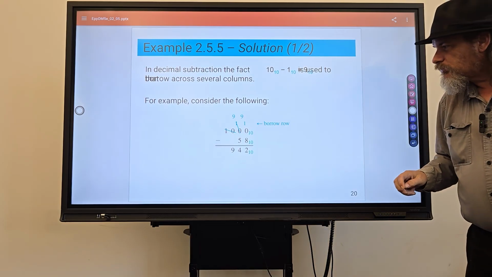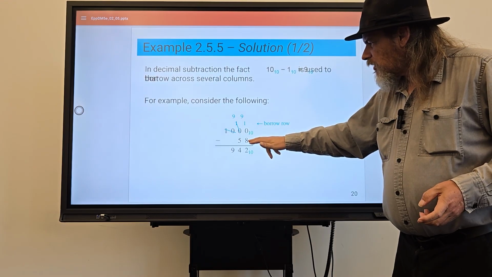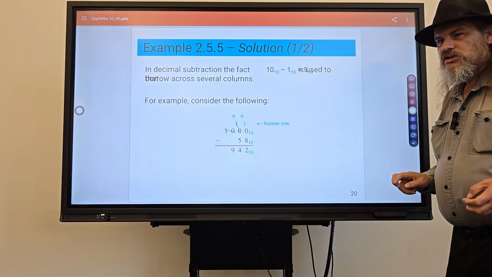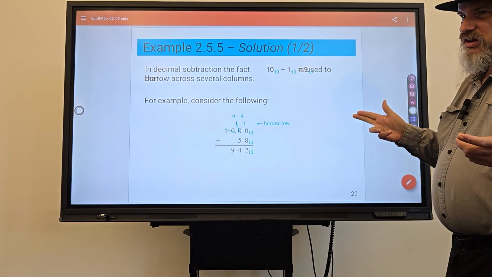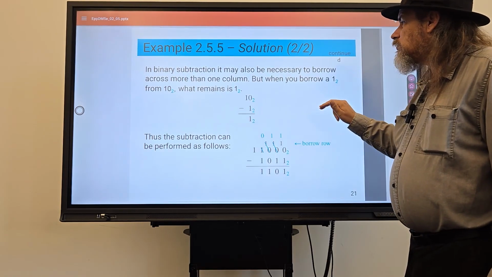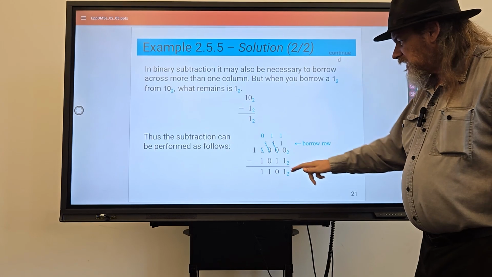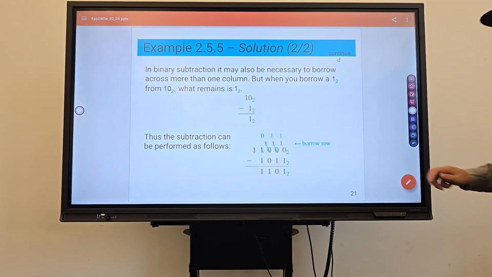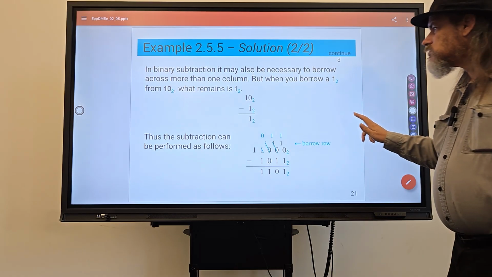If the top number is less than the bottom number, you borrow 1 from the next column over and do the subtraction that way. It's kind of tedious and annoying, but you can do it that way in binary as well. Just you're borrowing 2 instead of 10.